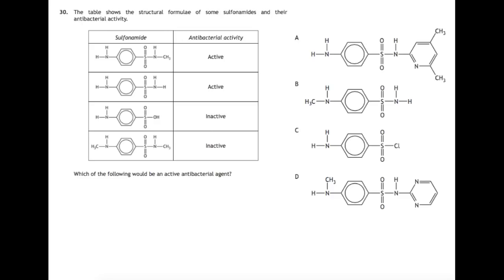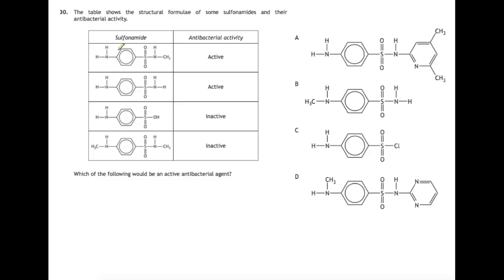Okay, the final question, we're having a look at sulfonamides and their activity. So these are a type of drug, and we need to work out which of these particular drugs here would be active. So you've been given 2 active drugs and 2 inactive drugs to have a look at the structure of. So we're going to highlight the parts which are required.